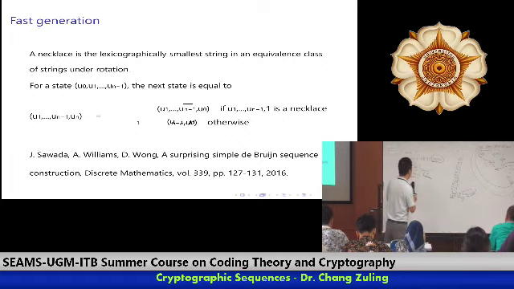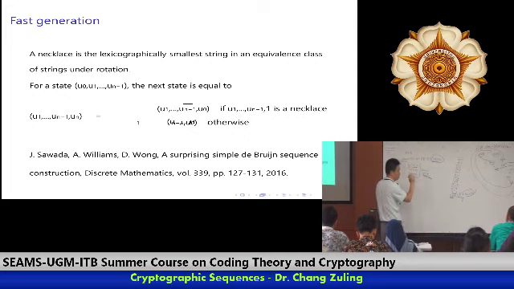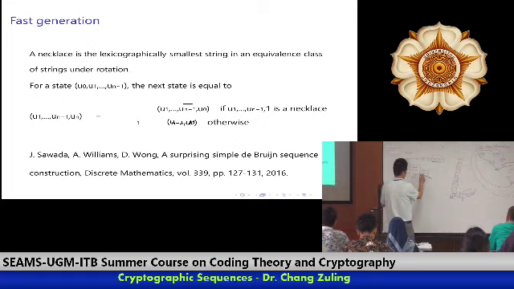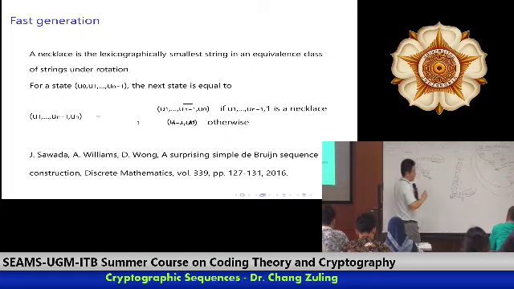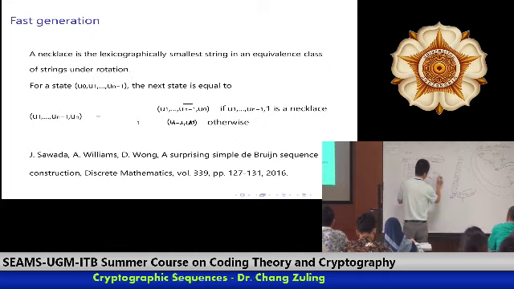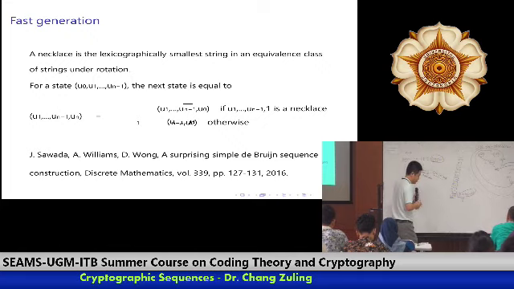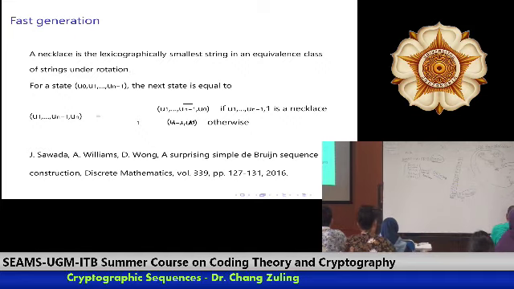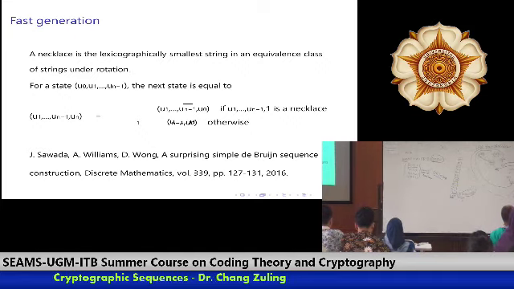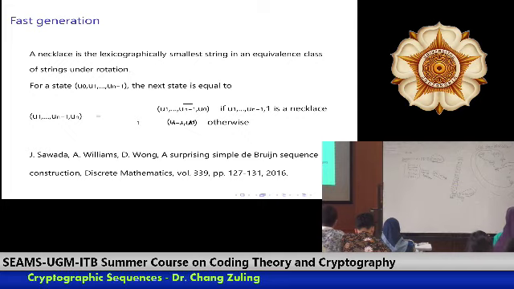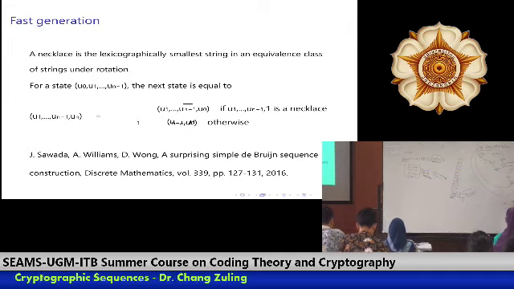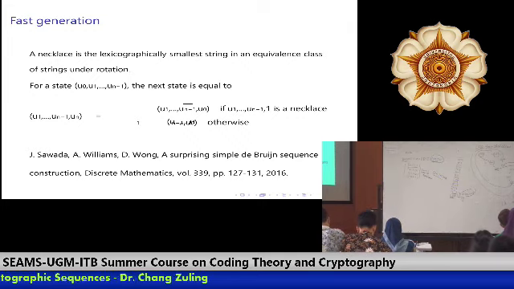So there is a known algorithm to judge whether an n-bit string is a necklace in O(n) time. So we can use this method. For each state U1 to UN, the next bit is determined by this rule.